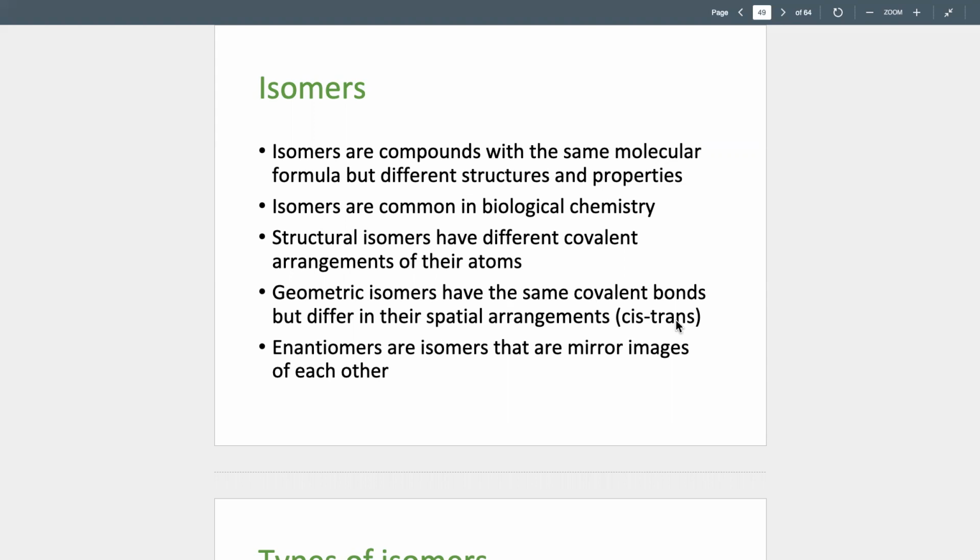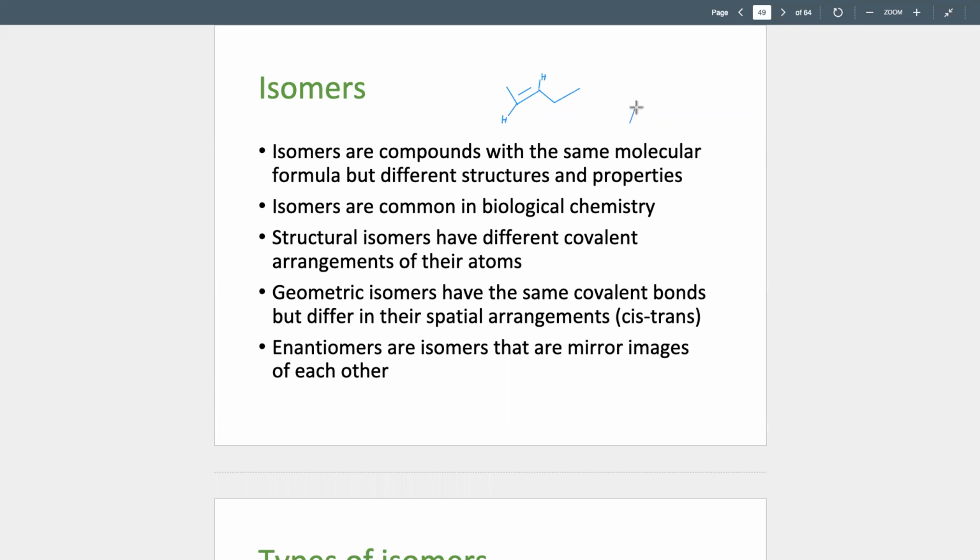And so this cis-trans is basically, let's see if I can draw this out for you. I'm going to just draw a line. All right, so if you have a chain here, and you have double bonds, we'll just say here in the structure, and you had a substituent that came out here that's a hydrogen, and you have a substituent that comes out here that's a hydrogen, that's going to be trans because it's on opposite sides of the double bond.